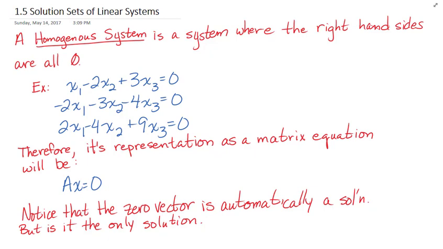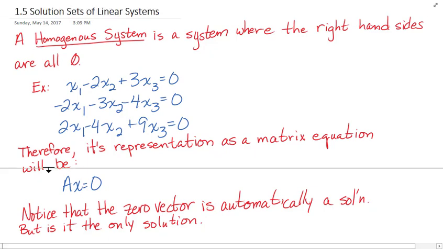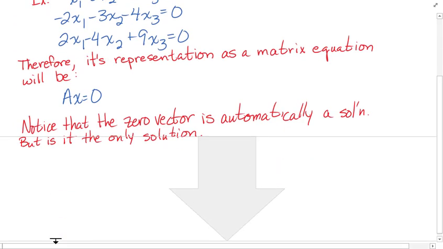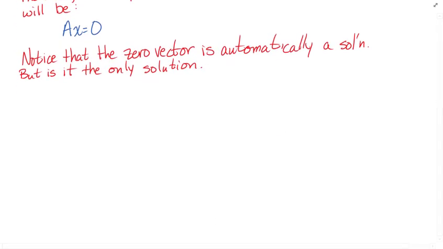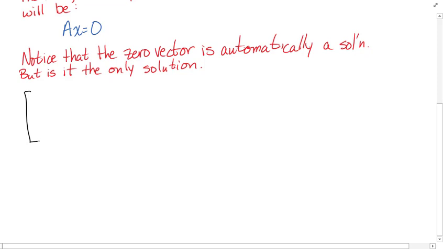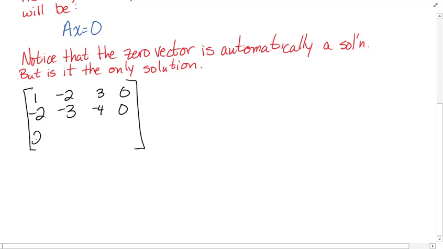In our case here we have as a matrix 1, -2, 3, 0; -2, -3, -4, 0; and 2, -4, 9, 0.